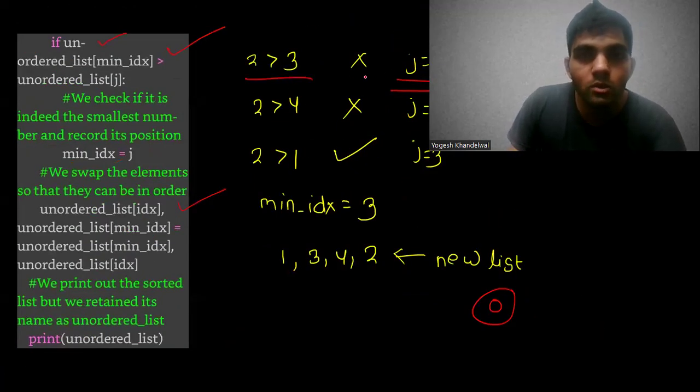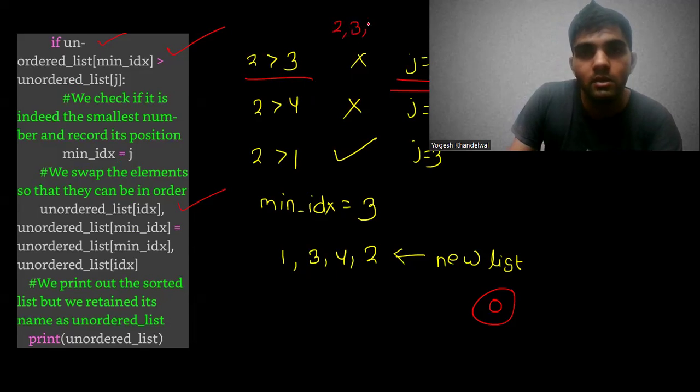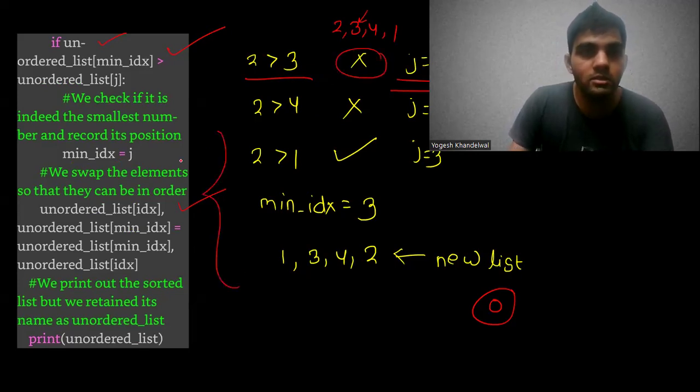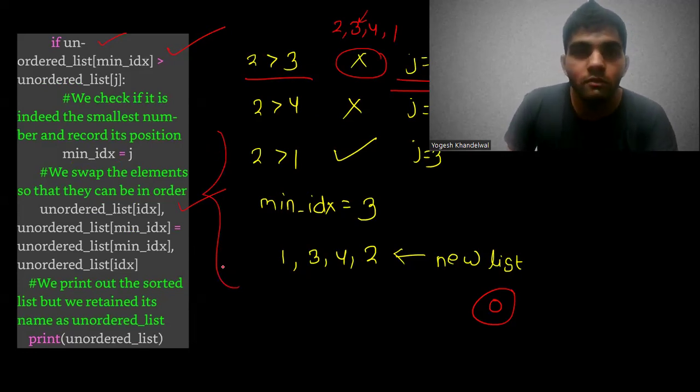And j equal to 1 corresponds to index 1, and the element is 3. So if we check, 2 is greater than 3, so it is false. So this if condition is not satisfied, and the code will not run further.